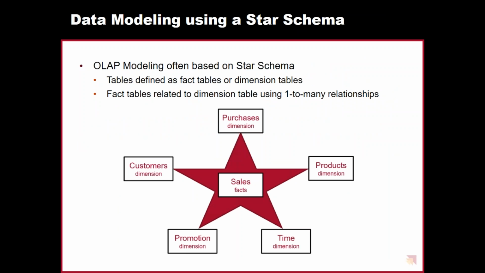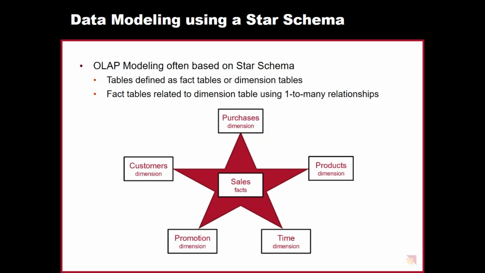So in data modeling, for data analysis, you typically hear people talking about the star schema. That's where we take tables that are really large, that have the numbers that we want to crunch, and we categorize them as fact tables, just a whole bunch of observations or a whole bunch of experiment results. And the way that we want to take our data and break it down is into different dimensions.